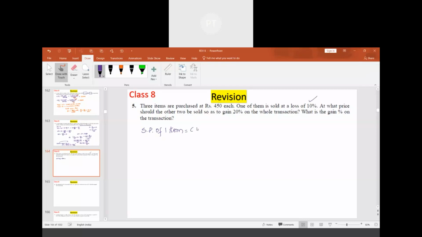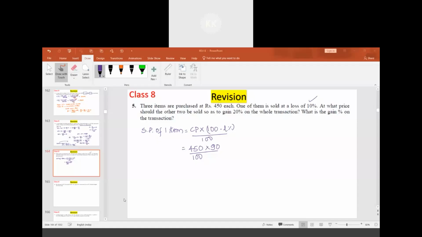The direct formula is CP into 100 minus loss percent divided by 100. If you use that, 450 is the cost price into 90 divided by 100. So 45 times 9, that is 405. So rupees 405 is the selling price of one item.